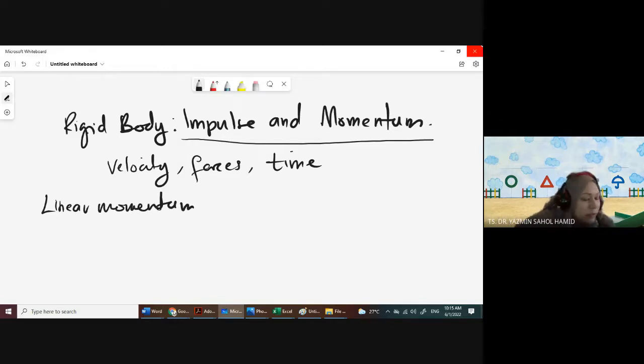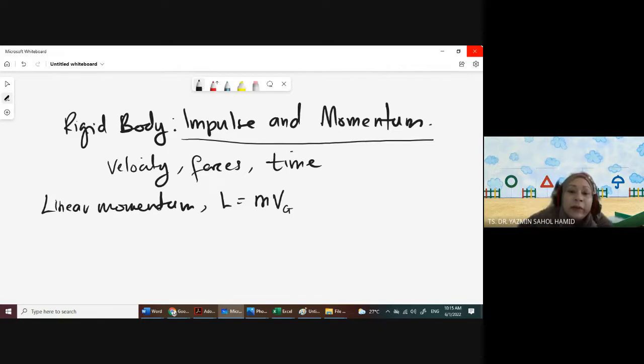Linear momentum is L equals to m v, with respect to G. This equation states the body's linear momentum, and it's a vector quantity. That's why it has m multiplied by vG.